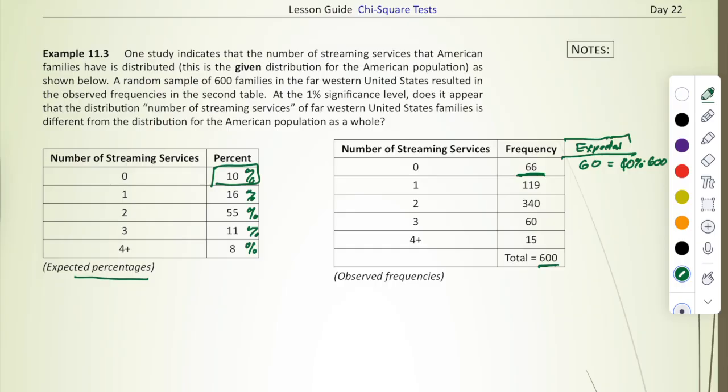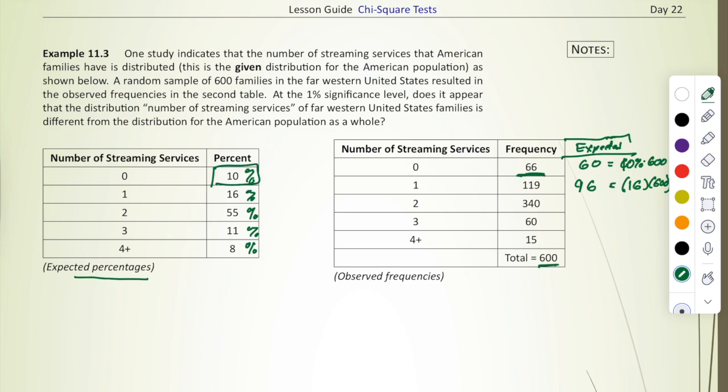Okay, now the next one is going to be a little bit different. This is going to be 0.16 times 600, because it's 16%. And that's going to end up being 96 for the expected.